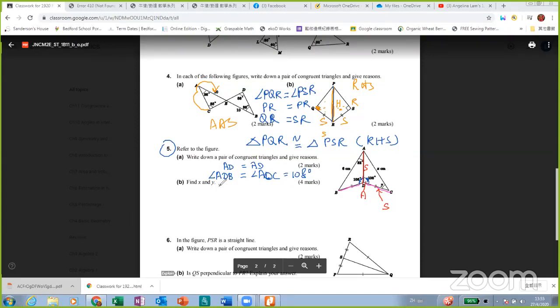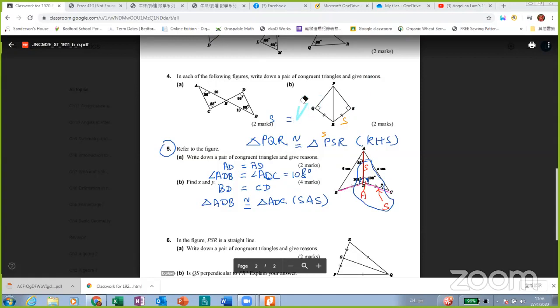And then I also know that BD equals CD. Therefore, triangle ADB is congruent to triangle ADC. And the information I have is SAS. This is part A. These are the steps for part A.